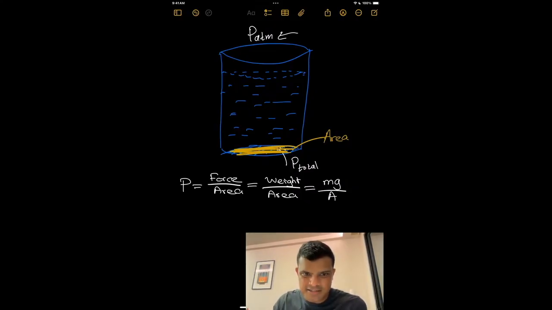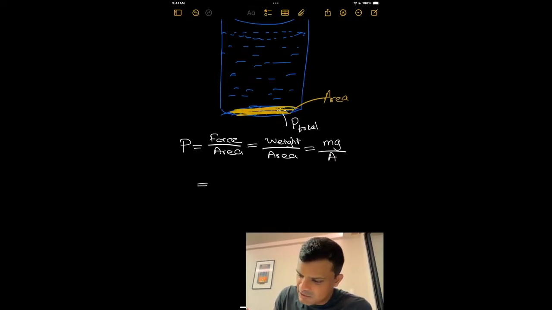We just keep breaking this down, right? When we say mass, what do we mean by mass? Well, what if I take the density of the water and then multiply by some volume? What I mean is the density times volume. Density is mass per unit volume, so if you multiply by volume, you get the mass.